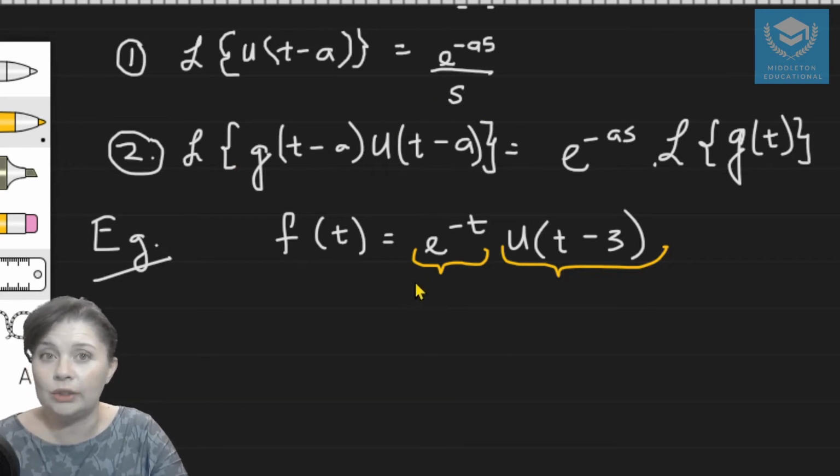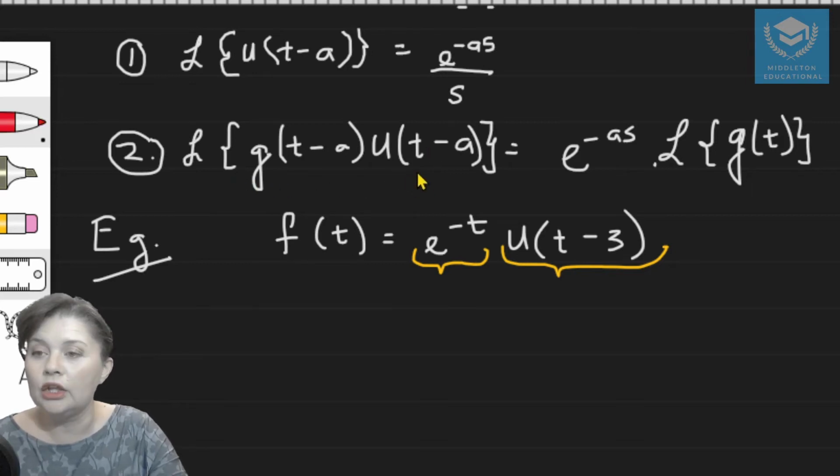Now the next thing you want to do is make your f of t in exactly the same form as your second shifting theorem. So what that means is, you see you have this t minus a, so you've got the Heaviside step function at t minus a. You have a matching t minus a in your function that is in front of the Heaviside step function.